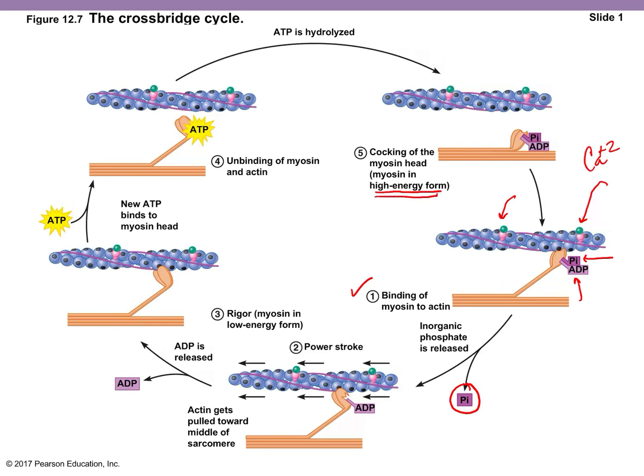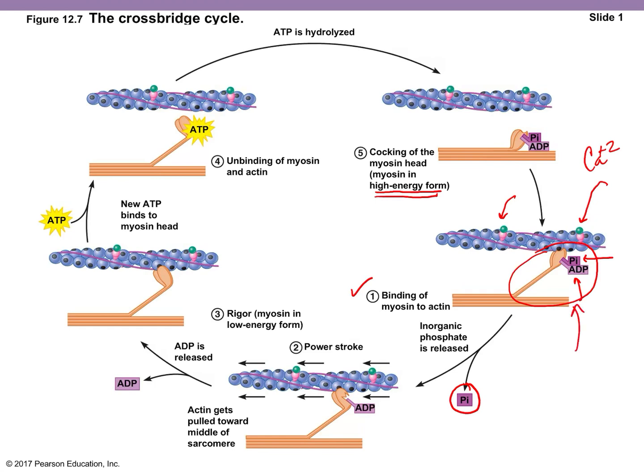When myosin's head is cocked back into the position that you see here, it's kind of like one of those guns that you load by cocking back a spring, and then you shoot the BB gun when you let that spring go. When you cock back this spring, it has a lot of potential energy. So that's basically what this is doing.